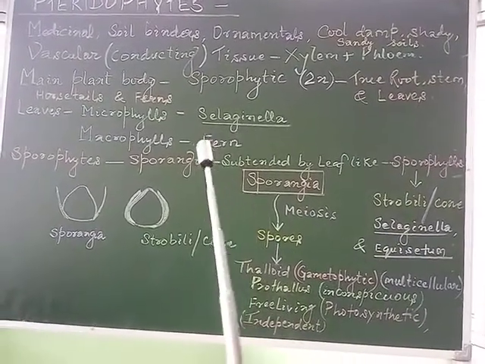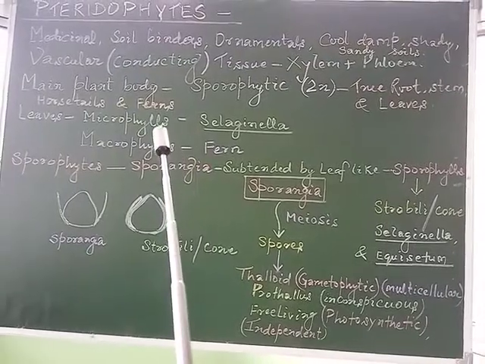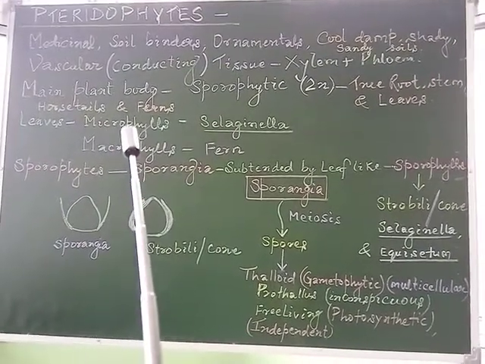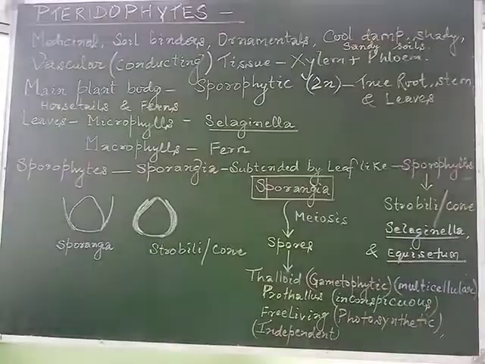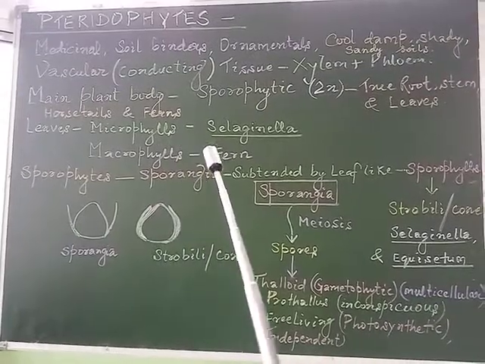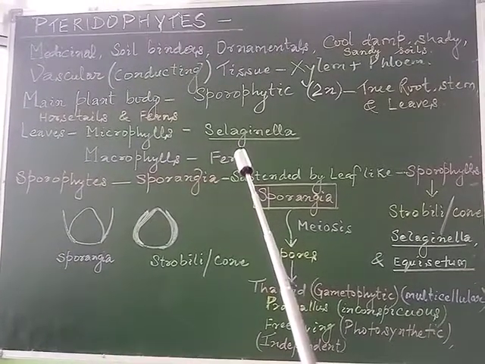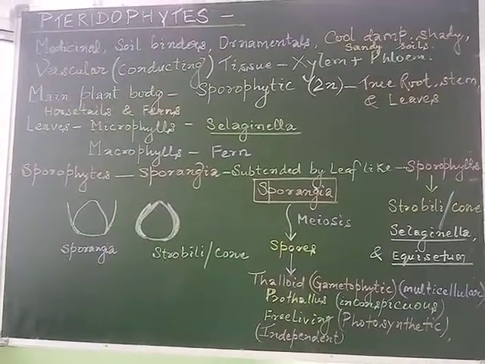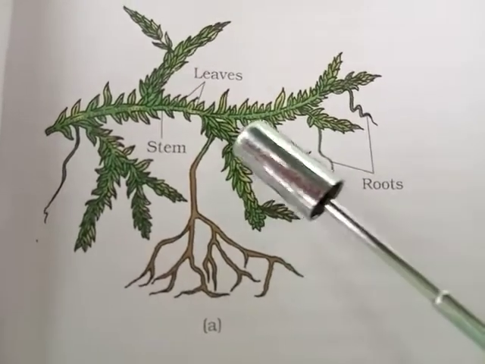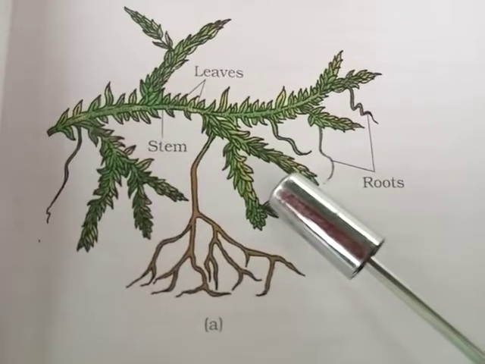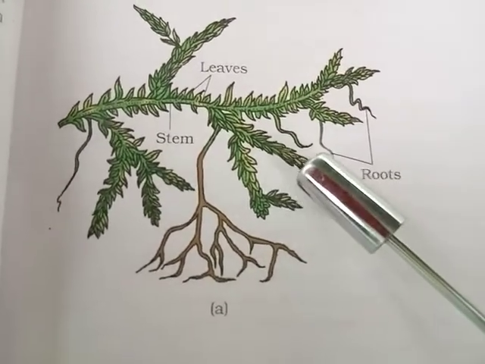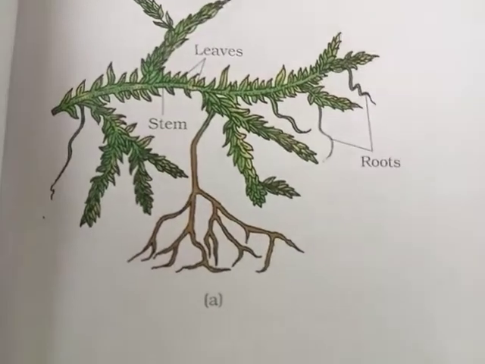In certain members, the leaves are small in size, so they are called microphylls, as in the case of Selaginella. We may observe in Selaginella that the leaves are very small, showing the microphyll condition.